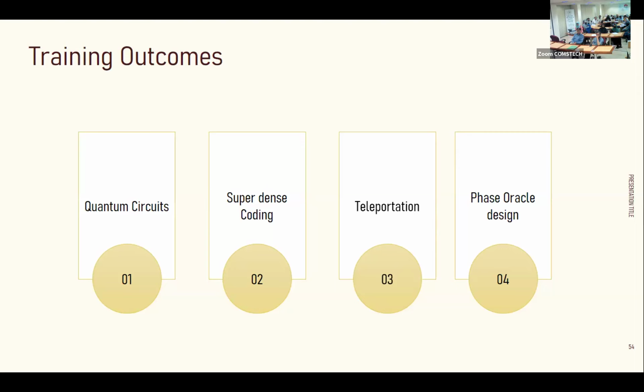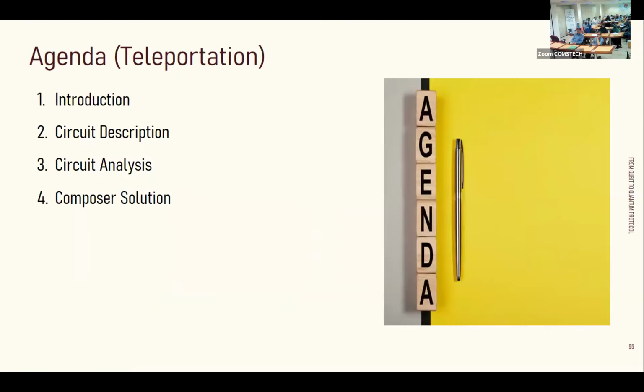Okay, so today we're going to study teleportation and then move forward. The method of studying teleportation will be exactly the same. Number one, we're going to study what teleportation does. Then we're going to look at the circuit of teleportation.